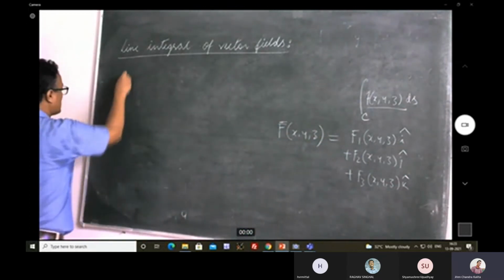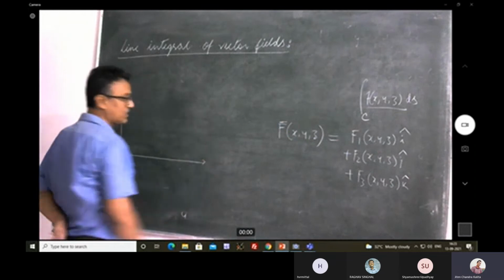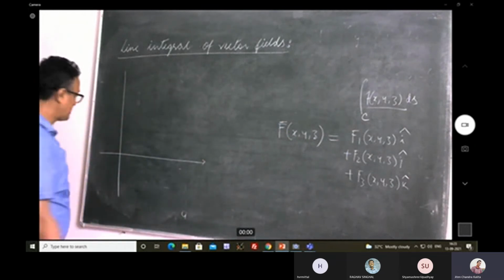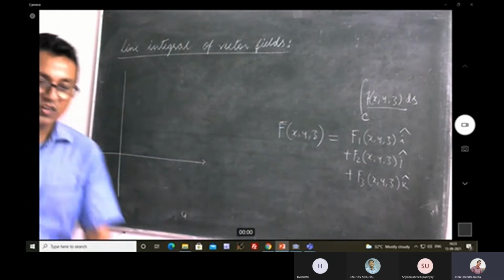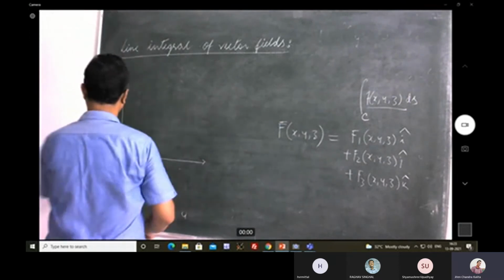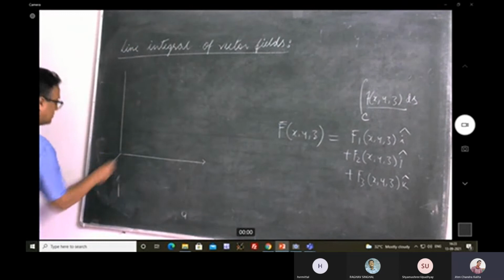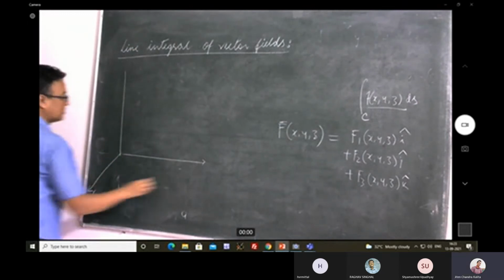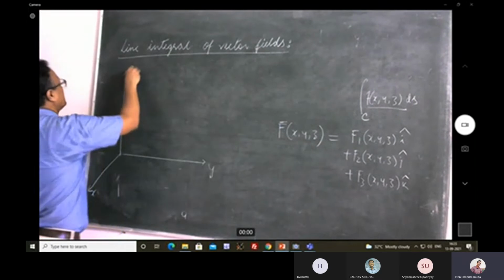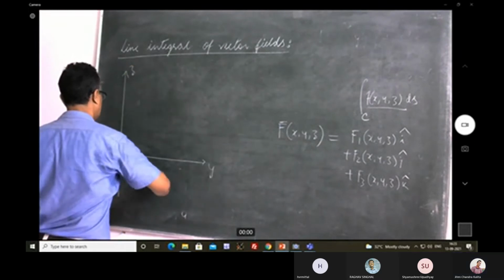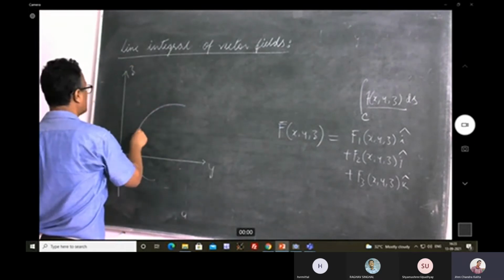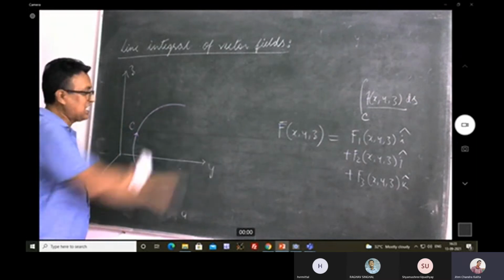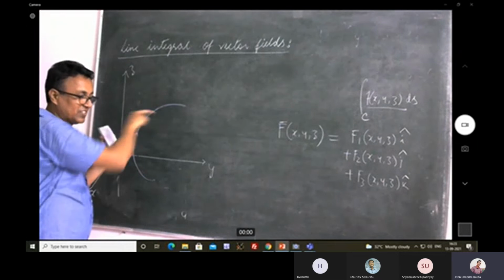And I am going to consider the integral of this function again along a curve in space, say suppose this is C as well. I'll come back to this.